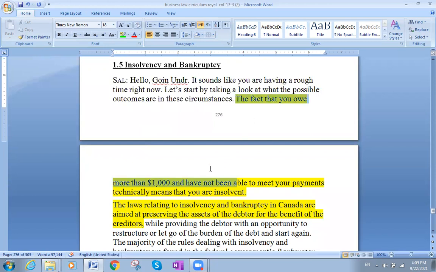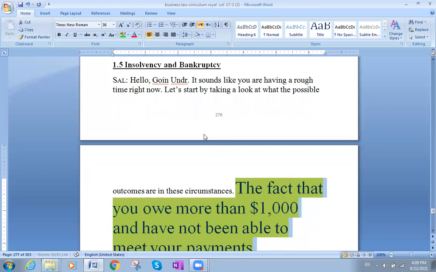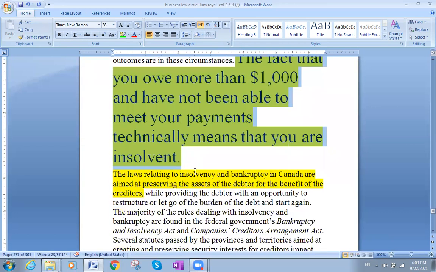The fact that you owe more than $1,000 and have not been able to meet your payments technically means that you are insolvent. This is the first point I want you to know: I am not able to pay my obligations.